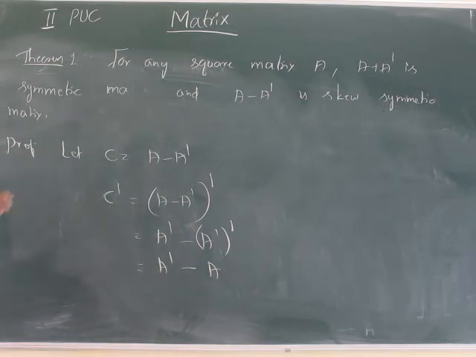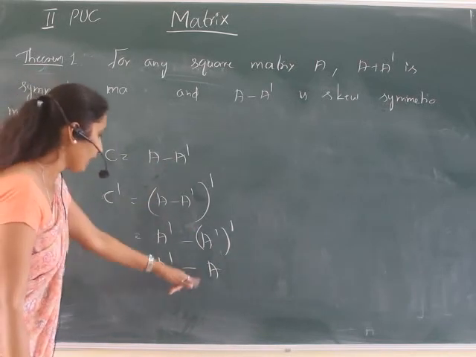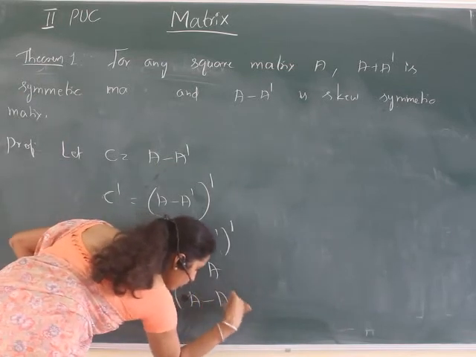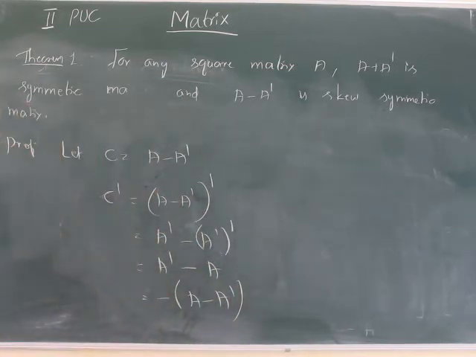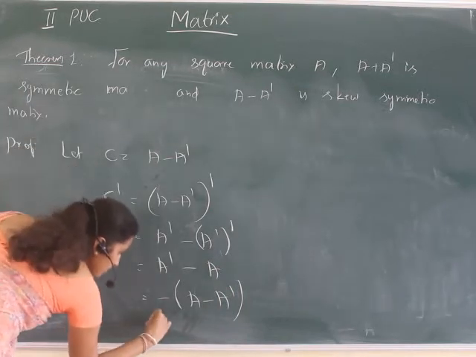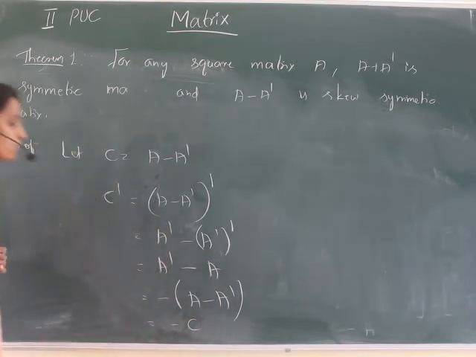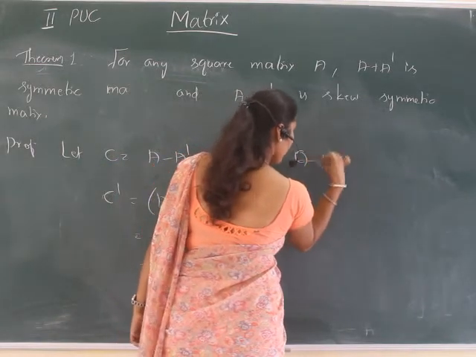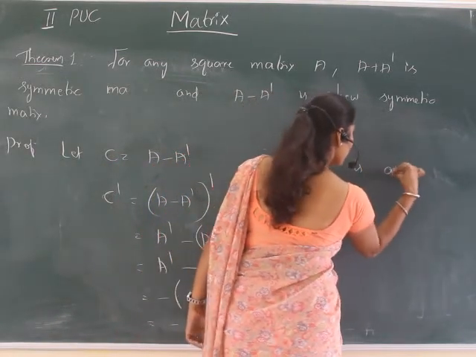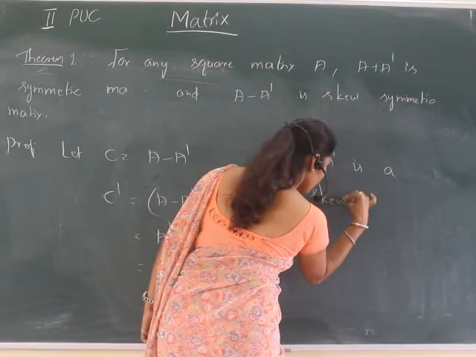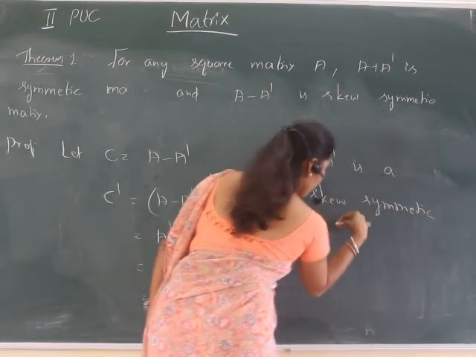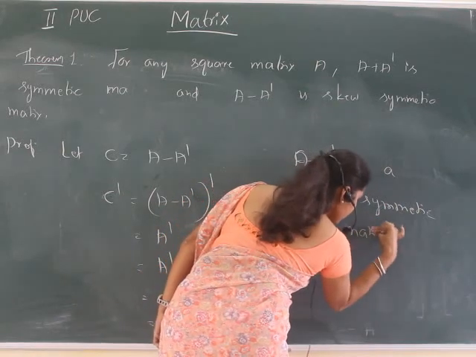Now this is not A minus A transpose, so I can take the minus outside. It will be minus of A minus A transpose, and minus of A minus A transpose is minus of C. So we got C transpose is equal to minus C. Therefore, A minus A transpose is a skew symmetric matrix.